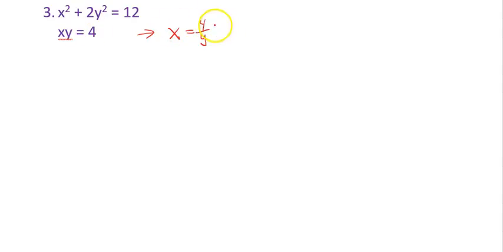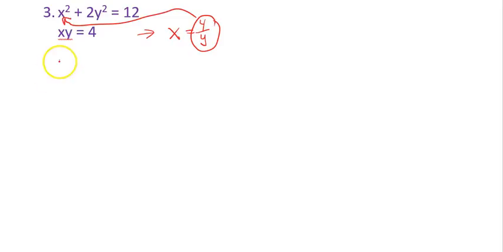I could have gotten the y by itself as well. But I'm going to take this and plug it in for x in the other equation. I chose the x because the y had to be multiplied by 2 as well, so there was less to do with the x. But you could have solved this equation for y and plugged in for y. Either way, you should get the same answer in the end.